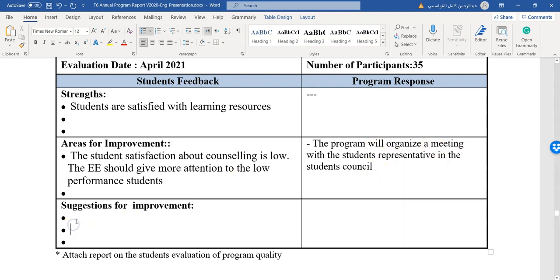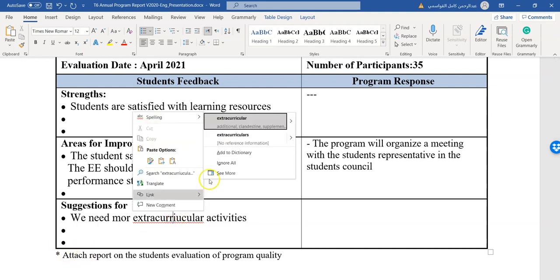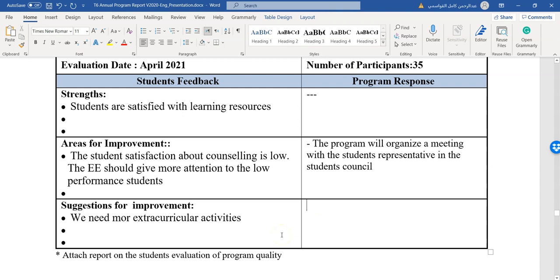For example, suggestions of improvement, this is from students. We need more extracurricular activities. Okay, this is from students. The program response, for example, two activities are added to the program plan for the next year.